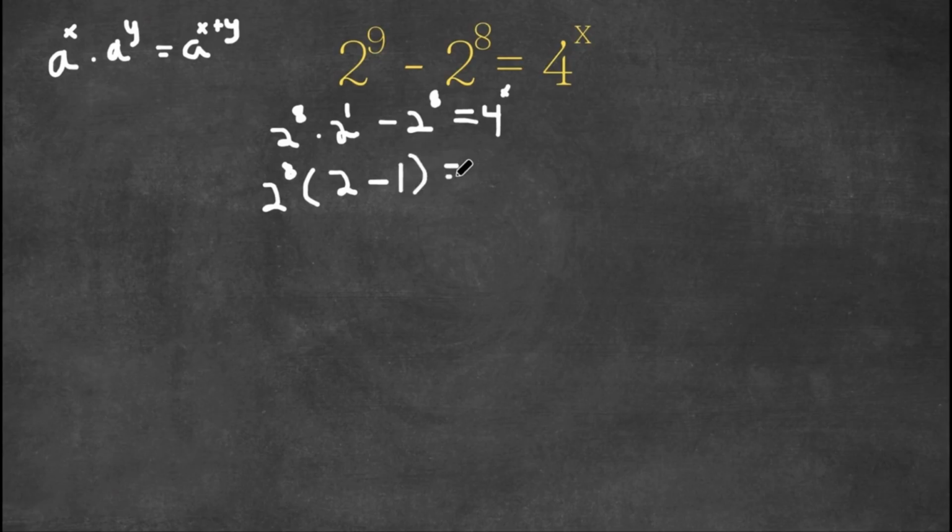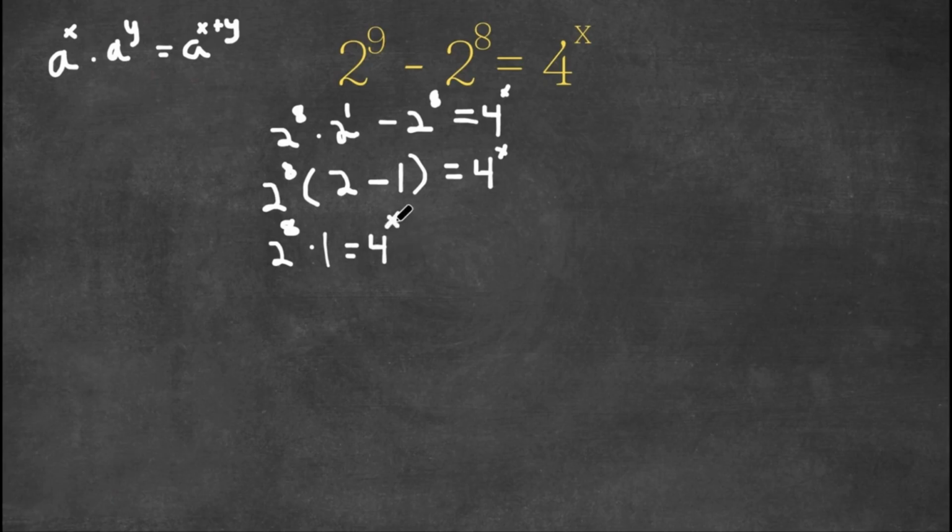This is still equal to 4 to the power of x. Now, 2 minus 1 is simply 1. So 2 to the power of 8 times 1 equals 4 to the power of x.